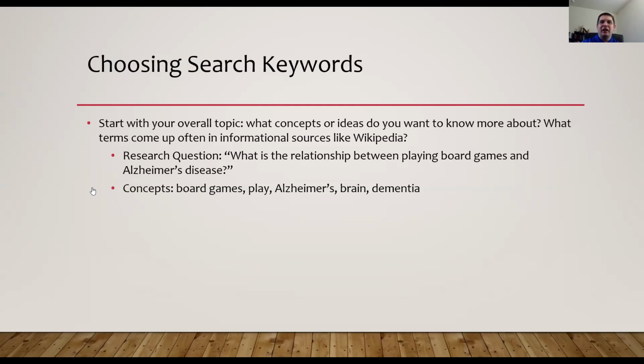So I could put in play, and I might get games people play by Joe South. I might get things for playtime for toddlers. I might get the plays the thing, an analysis of Hamlet. None of that is going to help me understand the relationship between playing board games and Alzheimer's disease.